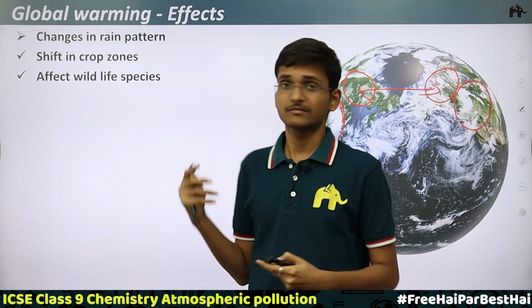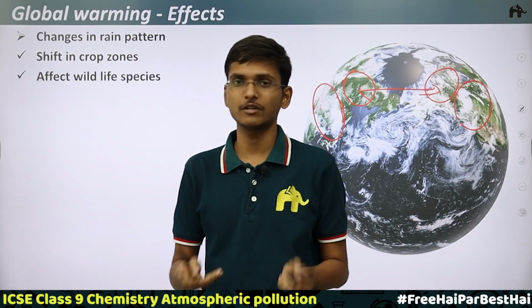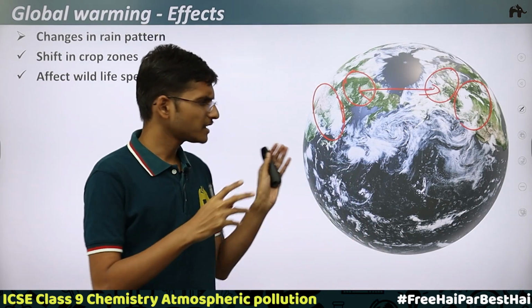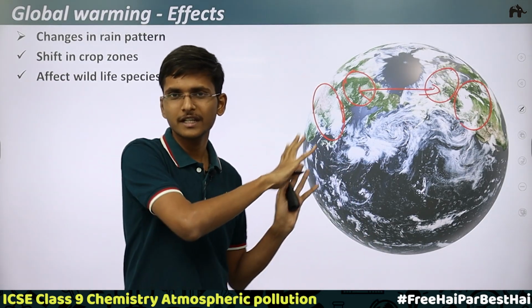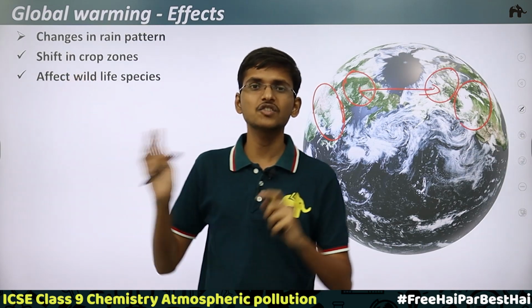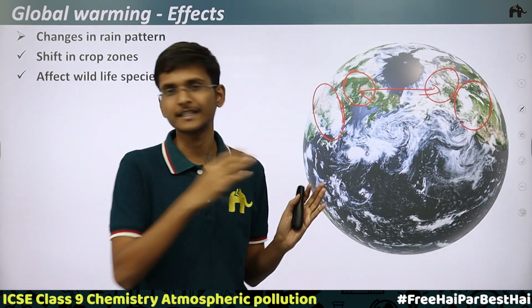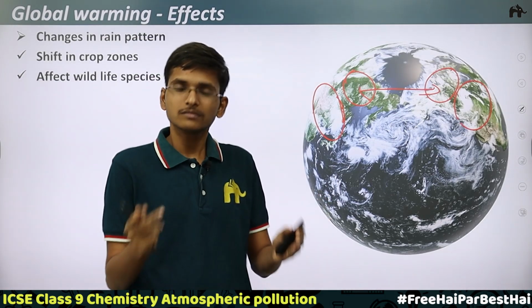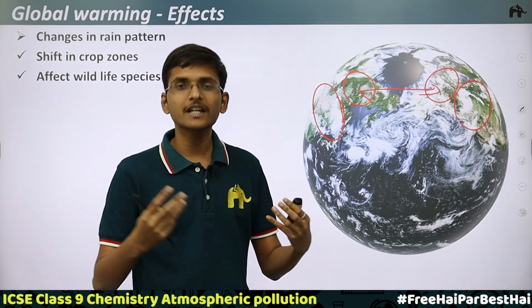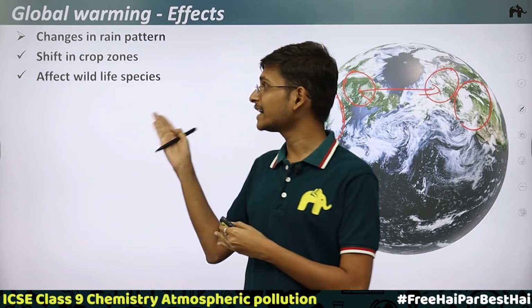Another very bad impact of the change in the rain pattern is that wildlife gets disturbed, and wildlife species may go extinct as well. If the rain pattern shifts from one area to another, or changes in that particular area, then we may not see that much forest or vegetation there. We all know an area's forest and vegetation is the habitat for wildlife species.